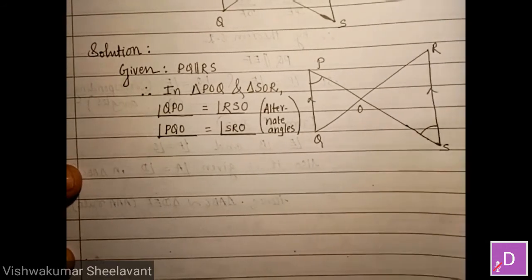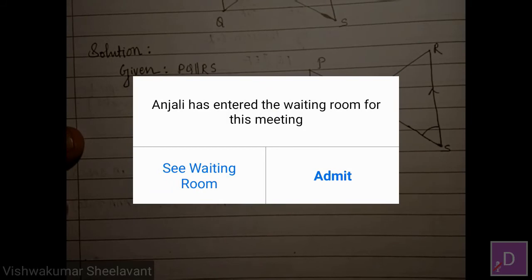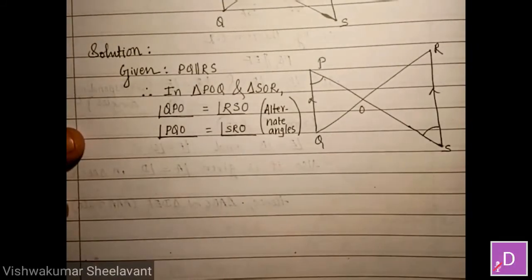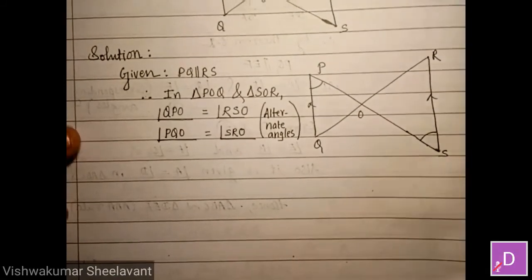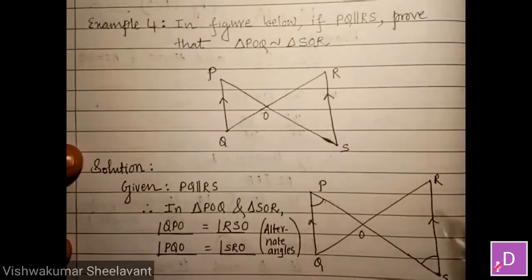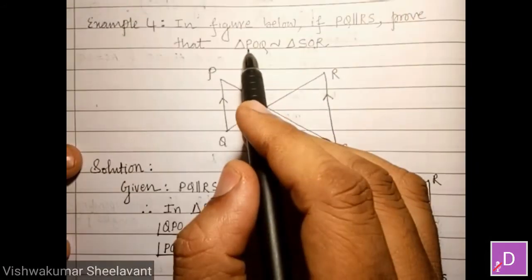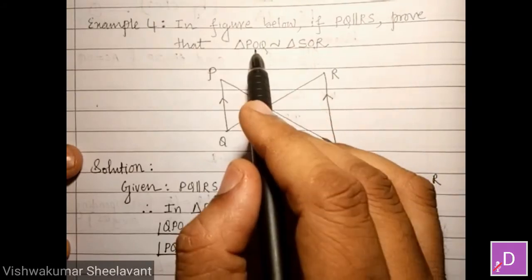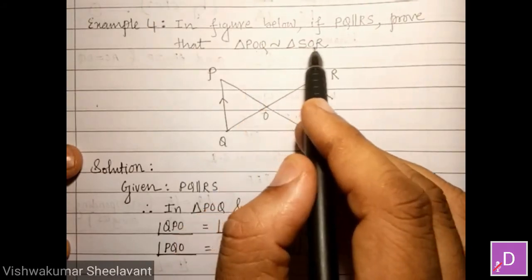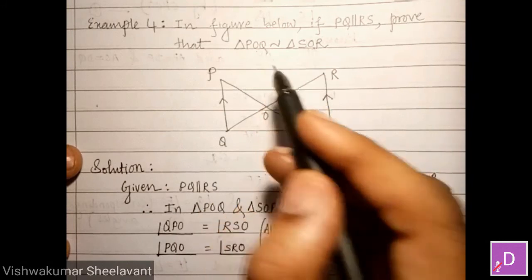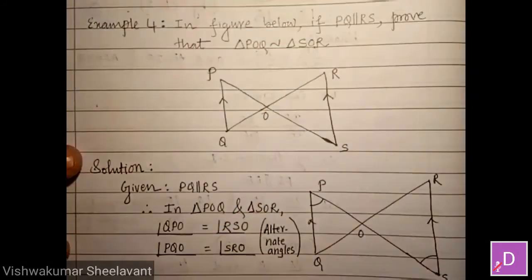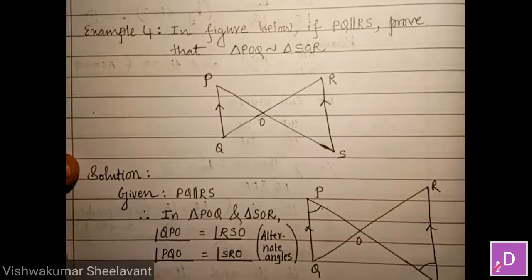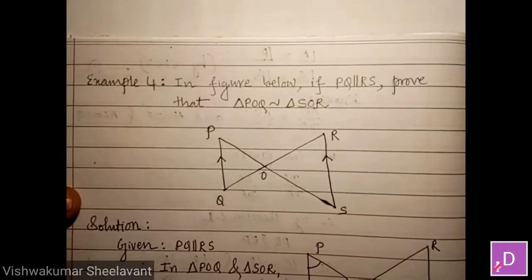See, you should never go wrong. For that, I will tell you some hint here. When they have asked you to prove triangle POQ is similar to triangle SOR, there should be angle correspondence and there should be side correspondence.